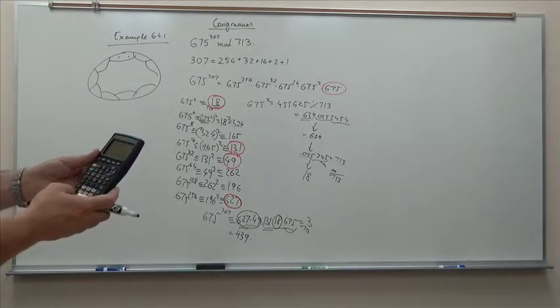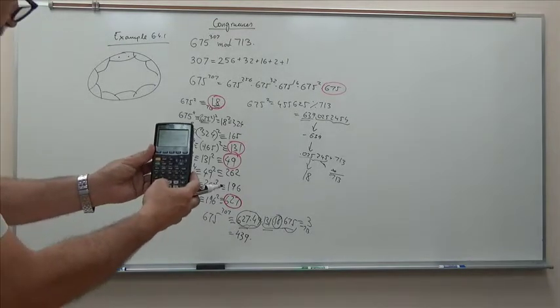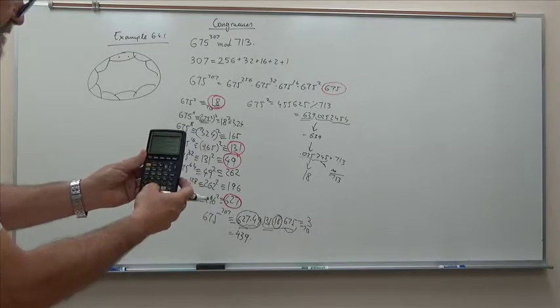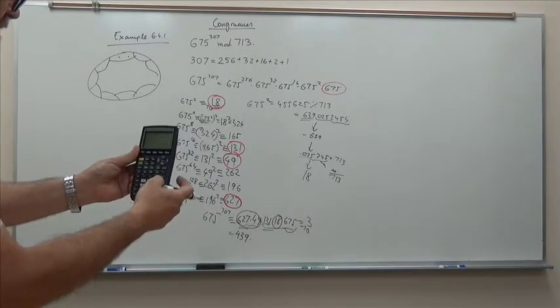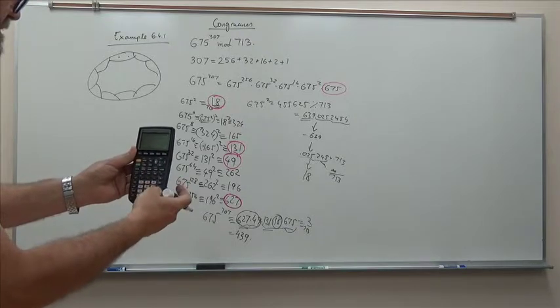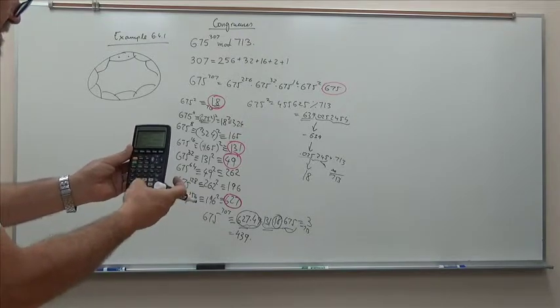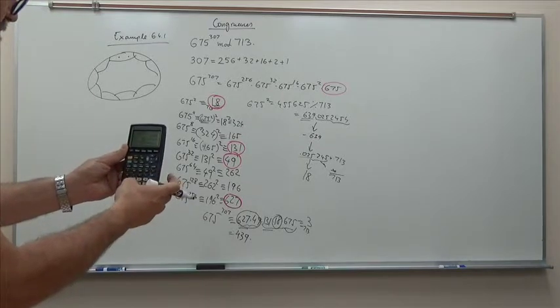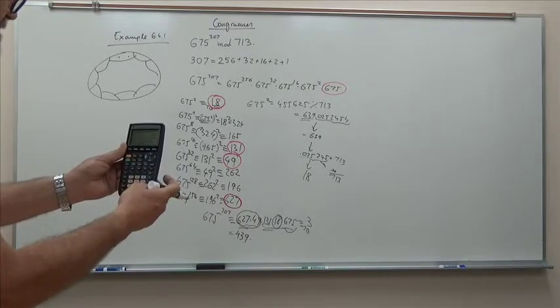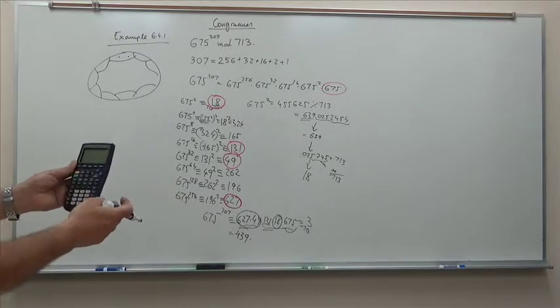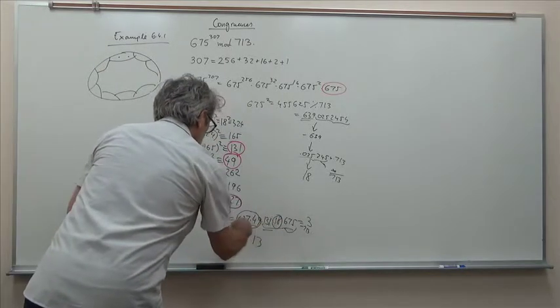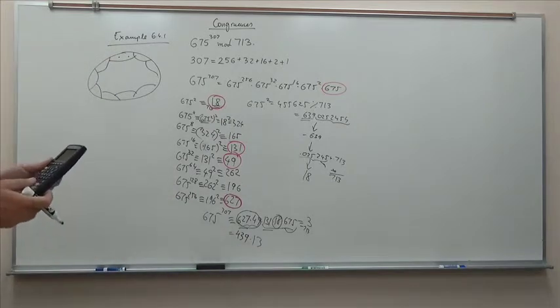Then I'll go 131 times 675, and I'll divide by 713. Subtract 124, multiply by 713, and I got 13. So I got 13 from these two, I got 439 from those.